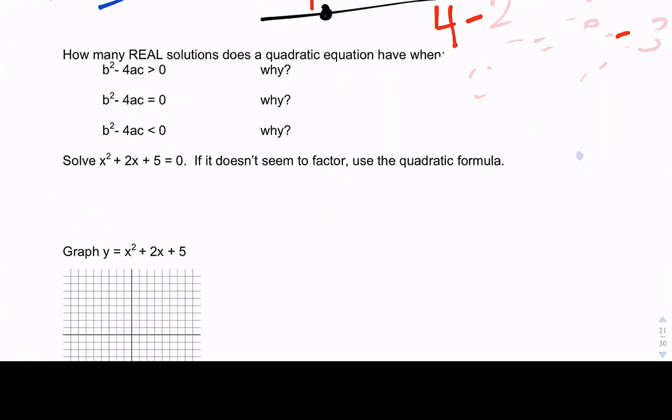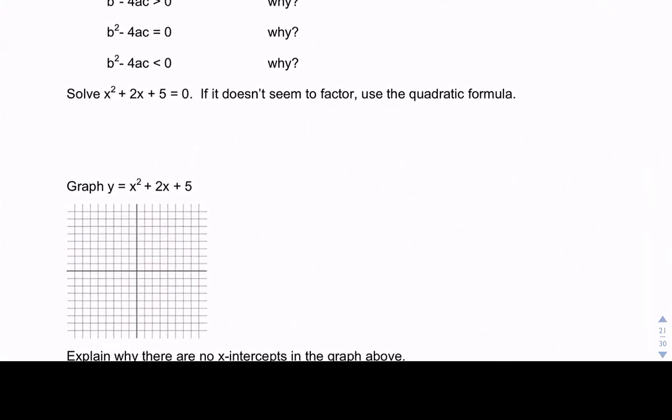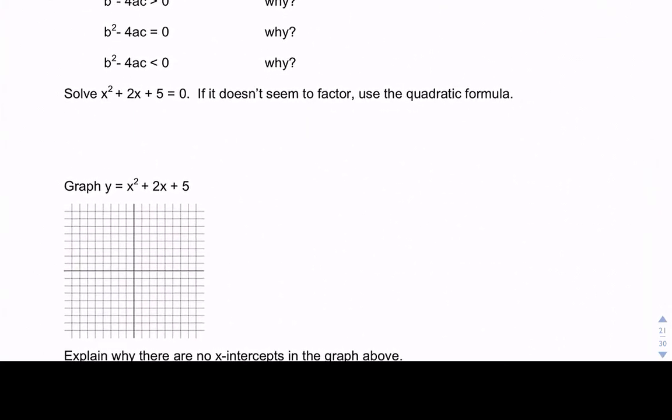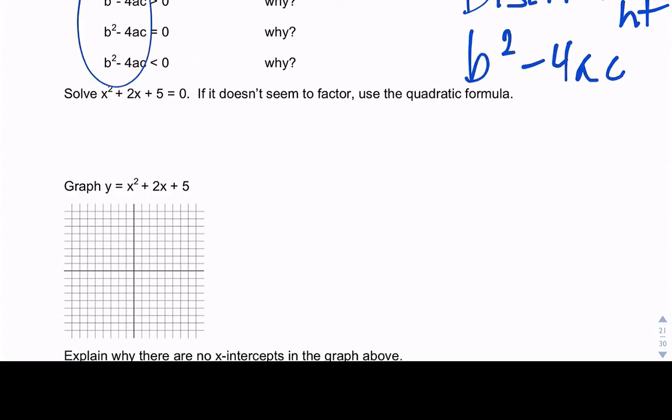How many real solutions does a quadratic have and when? We look at something called the discriminant. Okay, so the discriminant is that b squared minus 4ac, which we have right here. And when the discriminant is greater than 0, you have two solutions. The reason why is you get two zeros, right?